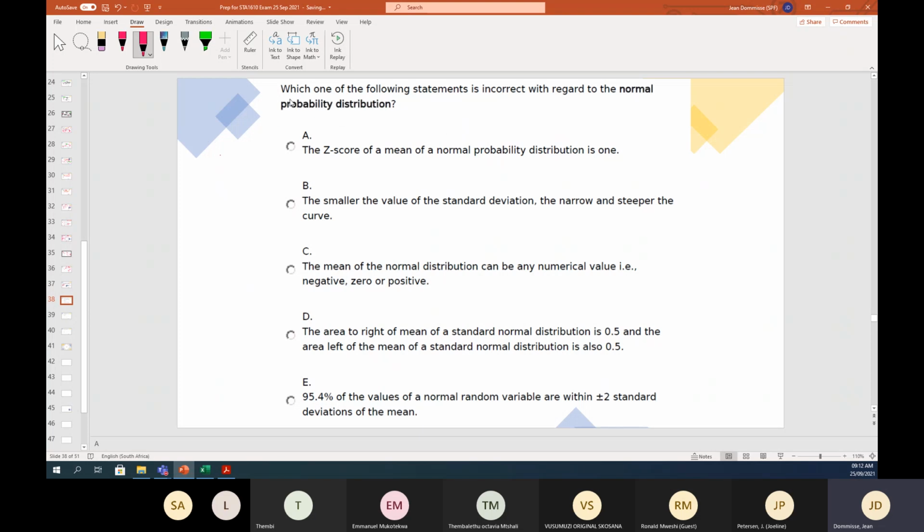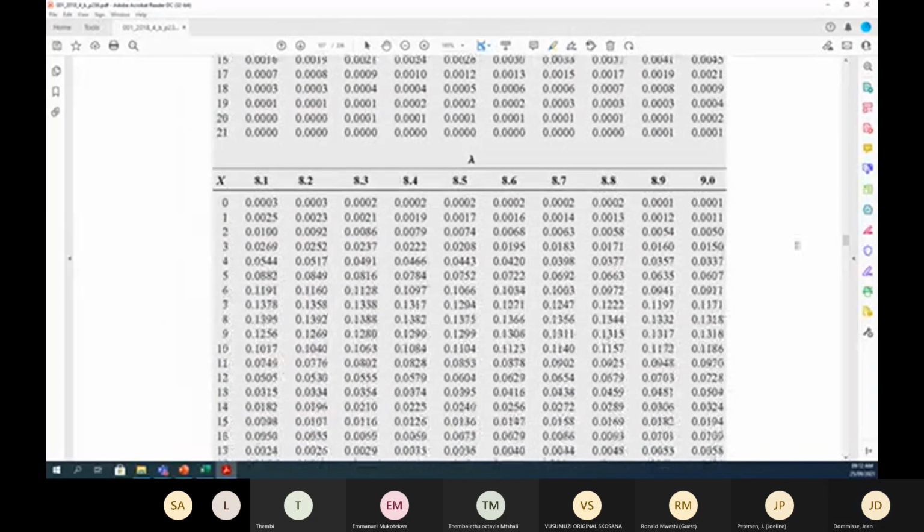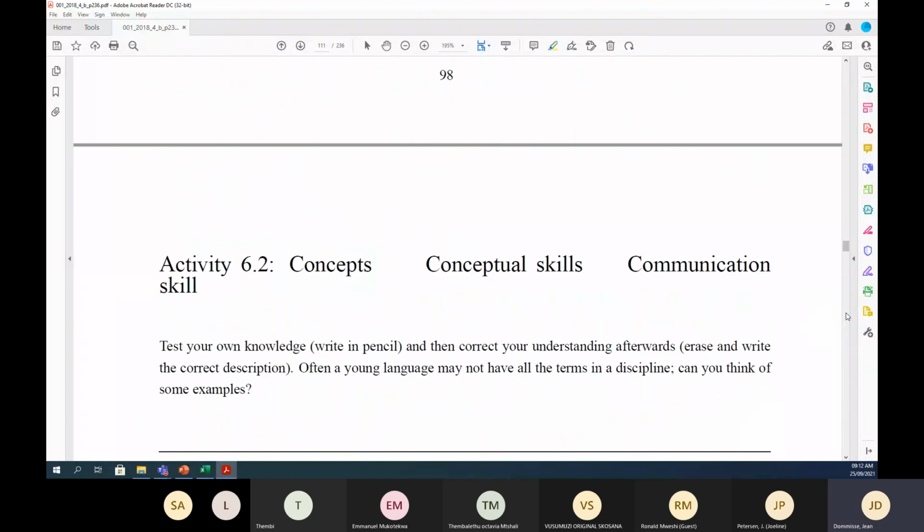definition question. So which one of the following statements is incorrect with regards to the normal probability distribution? The z-score of a mean of a normal distribution is 1. Okay, so for you guys, yes or no? And let's go to, I think it nearly in the Z table.